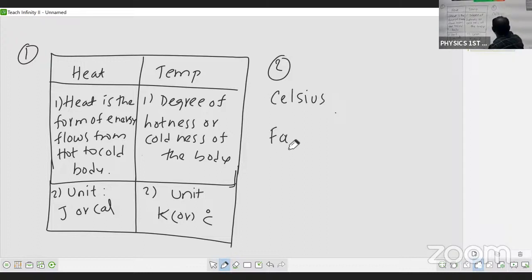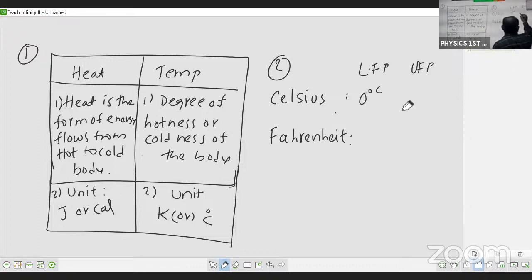Celsius, Fahrenheit, LFP, UFP. LFP means 0 degree Celsius. UFP means upper fixed point, 100 degree Celsius. On the Fahrenheit scale, it is 32 degree Fahrenheit to 212 degree Fahrenheit.